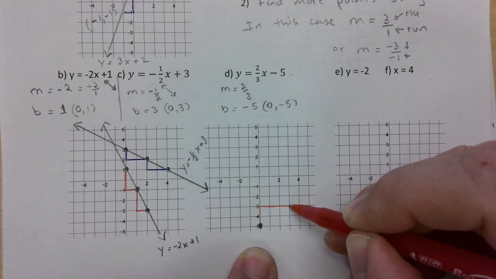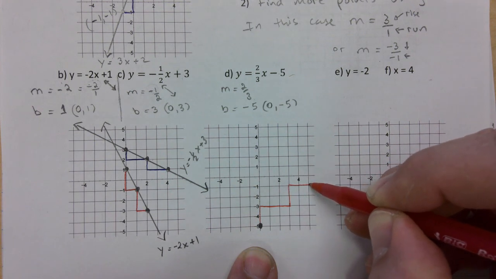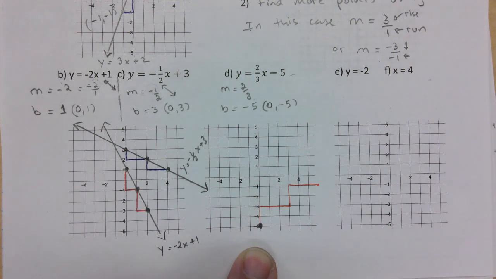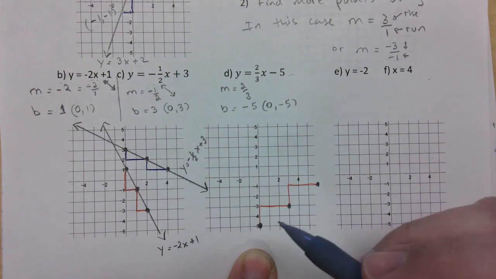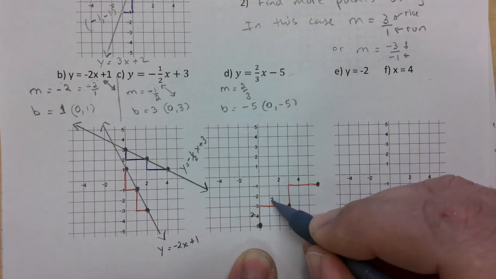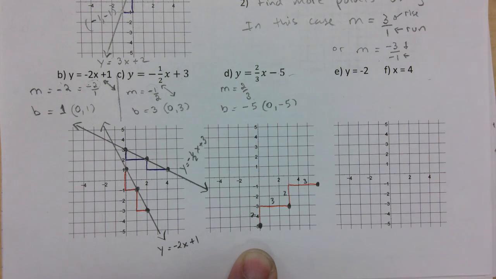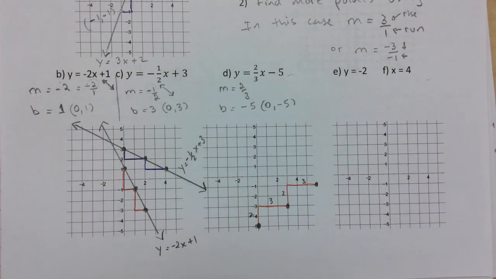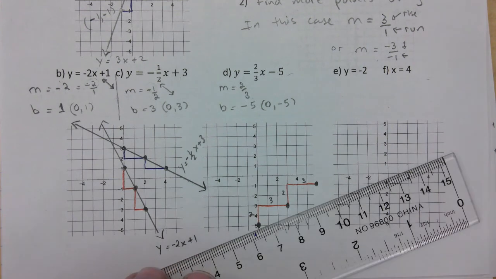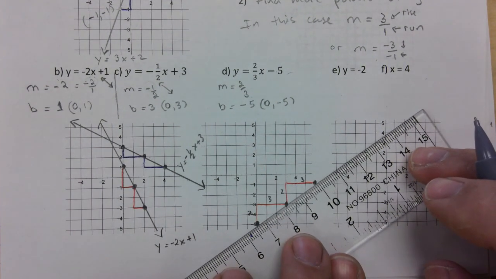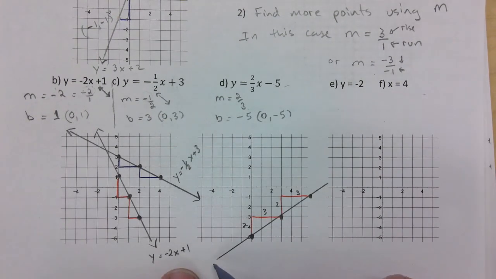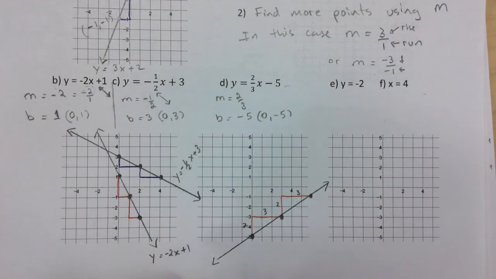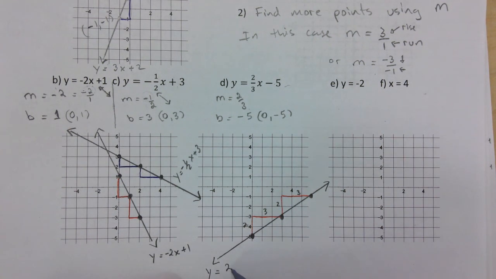And then continue it one more time. 2 units up, 3 over. And here we have a bit more room, so you can say 2, 3, 2, 3, right? And graph your line. This is the line y is equal to 2/3 x minus 5.